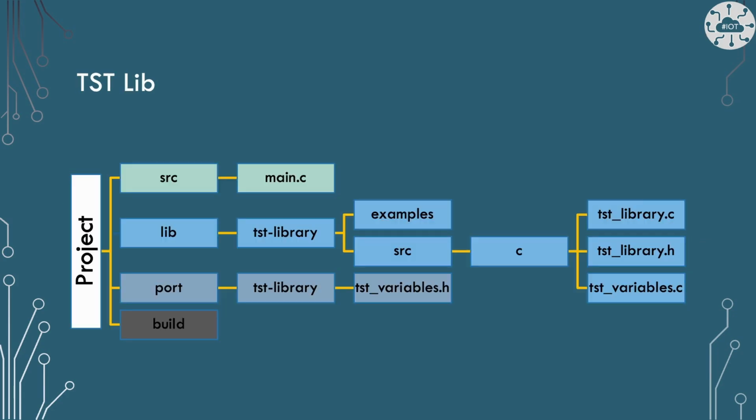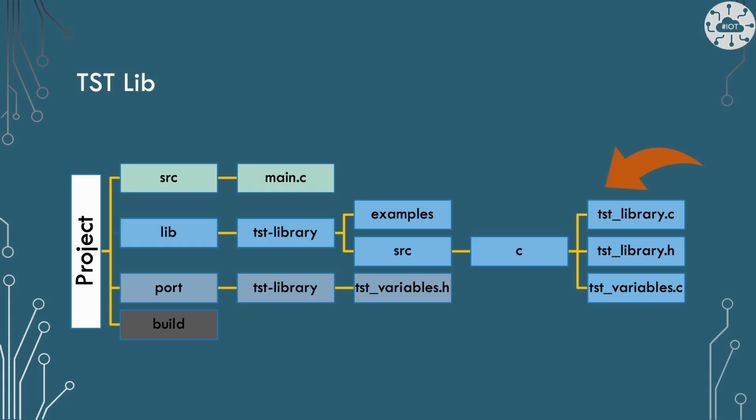Now, for the project structure, I'm deviating a bit from the examples from the TST Center and that library that you downloaded. In their examples, they've copied and pasted the 4 files that came with it into each of the examples. I don't like that very much. I like my libraries to be clearly separated from my code.